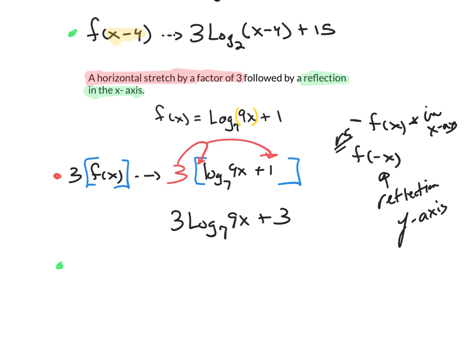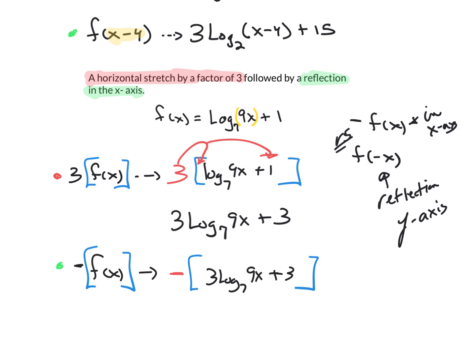So we want to do a reflection in the x-axis, so that means we're multiplying the whole entire log by a negative. So negative 3 is being multiplied to the outside of the log.